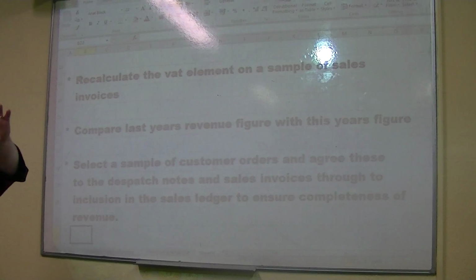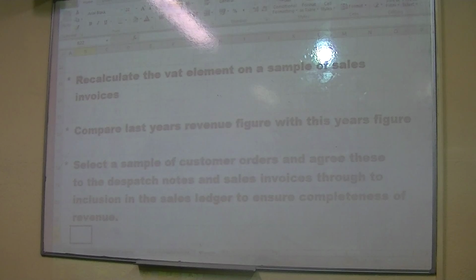If you look at number 2, obtain or prepare an age analysis of trade debtors, select a sample and circularize trade debtors or explain why circularization is not appropriate. And the assertions you're looking at are existence, occurrence, valuation, and completeness. So that's what they mean all down along there, the assertions. Is that alright?